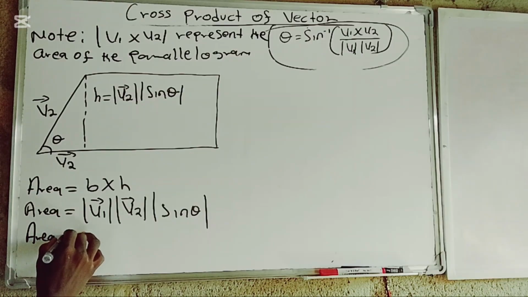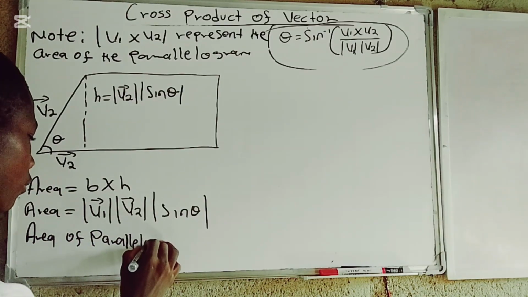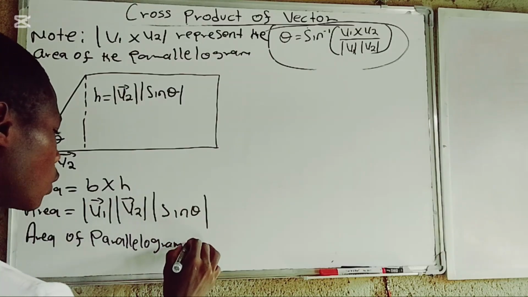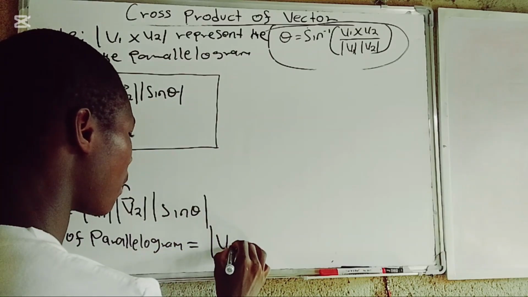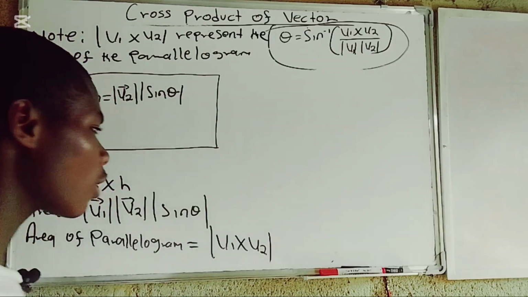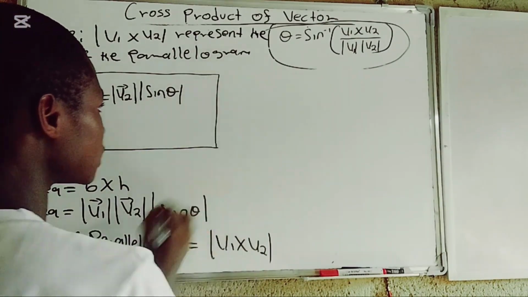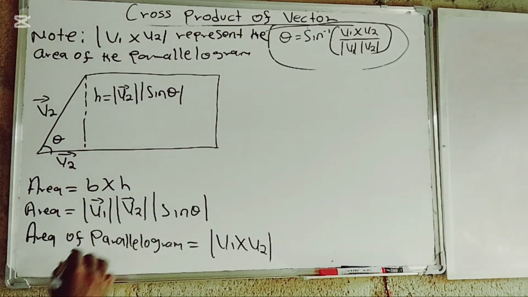Another relation that you might know is that the area of the parallelogram is the same thing as the magnitude of V1 cross V2. And therefore you have to know the area of a triangle. What is the area of a triangle?